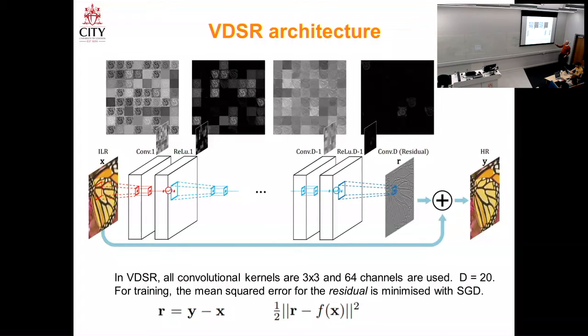And by creating this global skip connection, I only need to learn the residual, the difference between this image and that image, in order to produce my high resolution output, okay? So this is how VDSR works, and we're going to minimize the mean square error, just like we saw in the other techniques. Does that make sense?